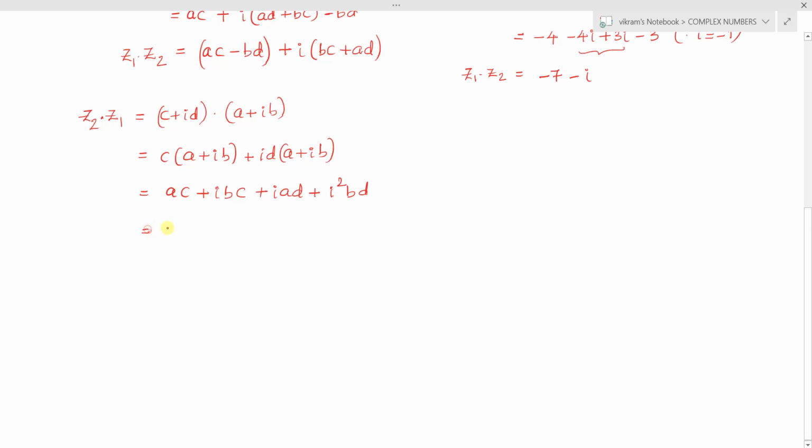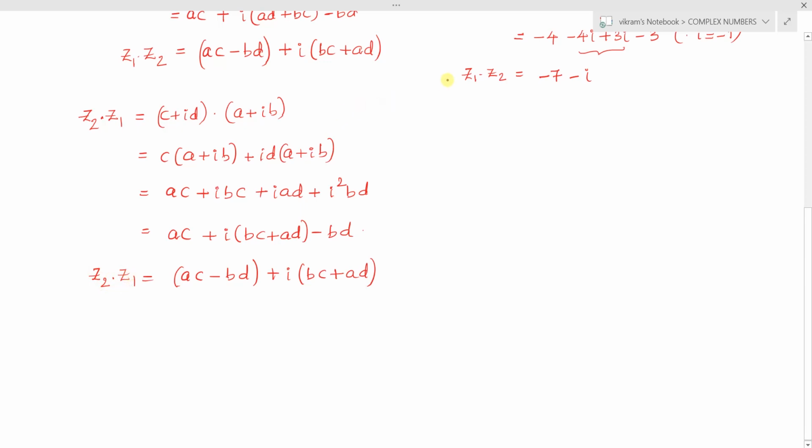So the result is ac plus i times bc plus ad, and i square is minus 1, minus bd. Writing the real part together, ac minus bd is the real part, plus i times bc plus ad, which is z2 into z1.